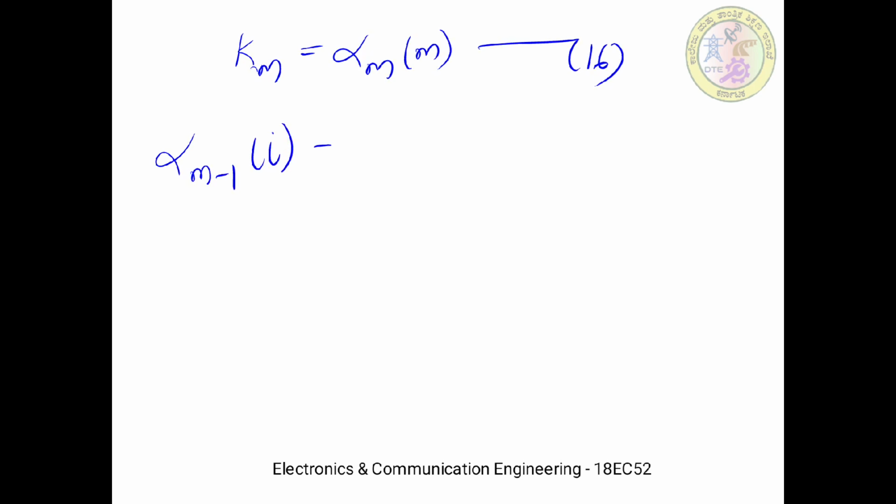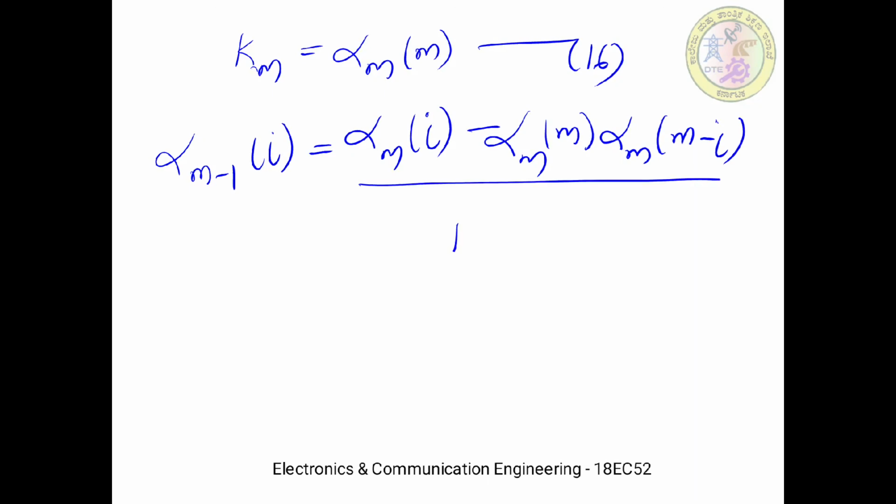In order to realize the lattice structure for any given order, we can make use of these two expressions: k m for any order m is equal to alpha m of m, take it as the 16th equation, where alpha m minus 1 of i equals alpha m of i minus alpha m of m into alpha m of m minus i, this whole divided by 1 minus k m square, take it as equation 17, where i is equal to 1 up to m minus 1.